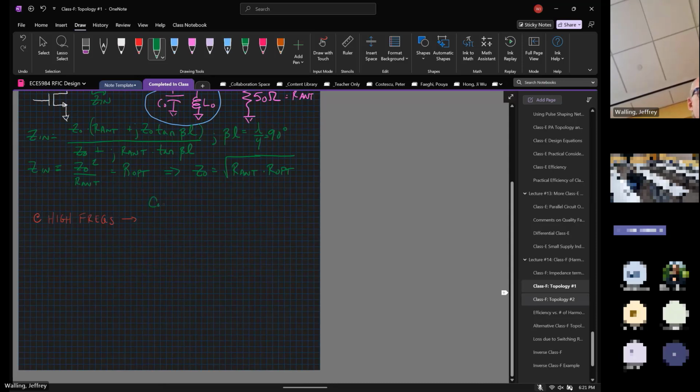So C naught is a low impedance at all high frequencies, like a short circuit. So at the next odd harmonic, it's going to get inverted and become a high impedance.